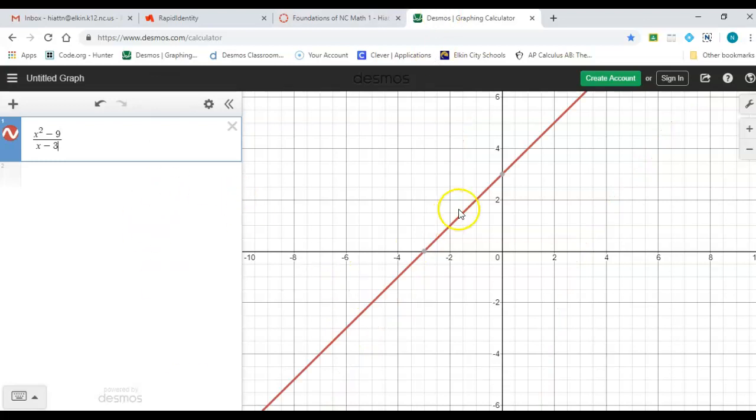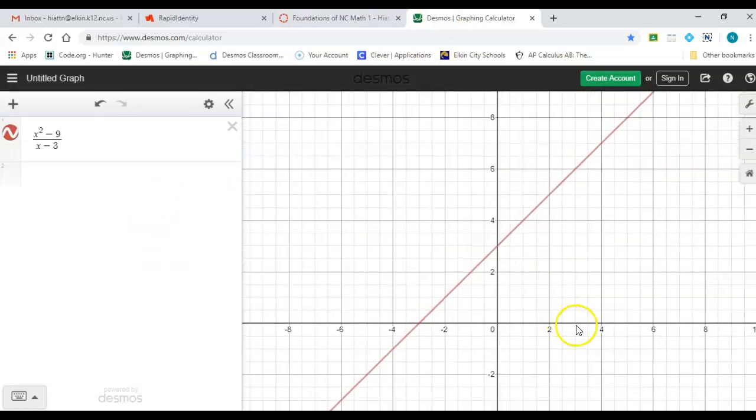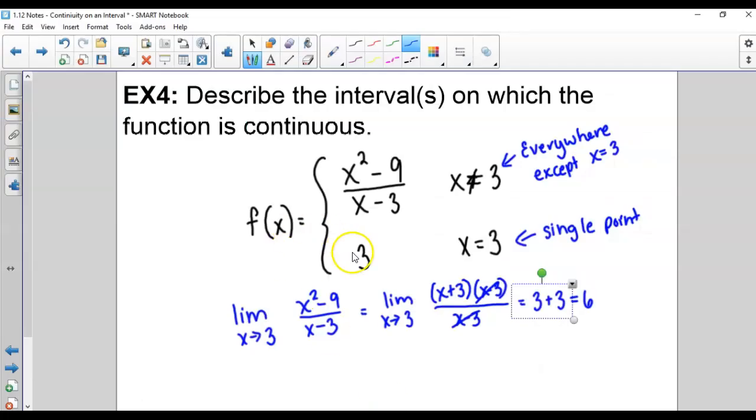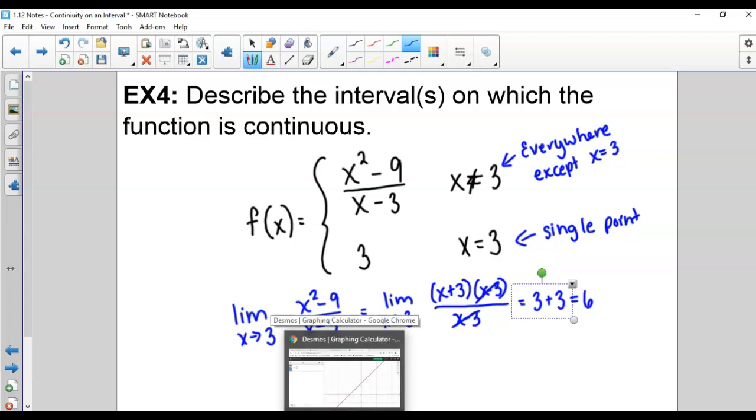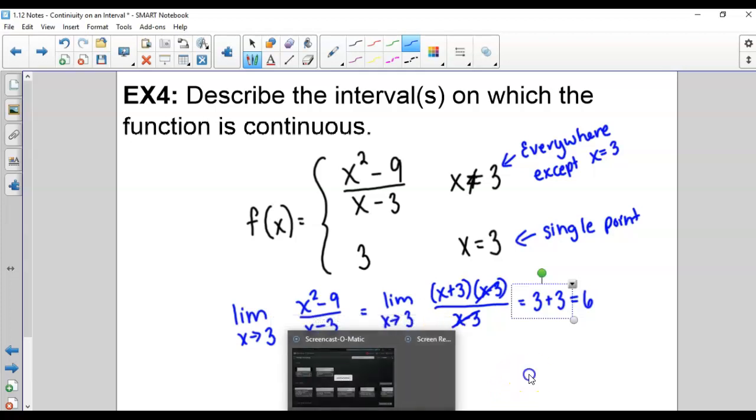When we graph it, it just looks like a line, but if we look at 3, right there at 3, we have an undefined point. So what we really got there is just a hole in the graph. But our extra point is at 3, 3, not at 3, 6.